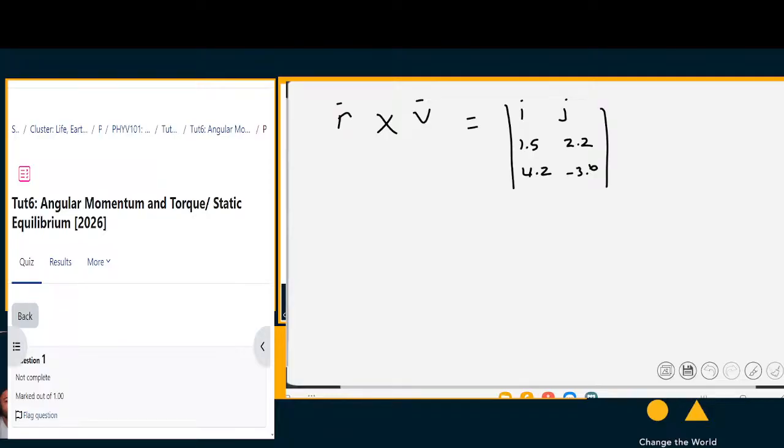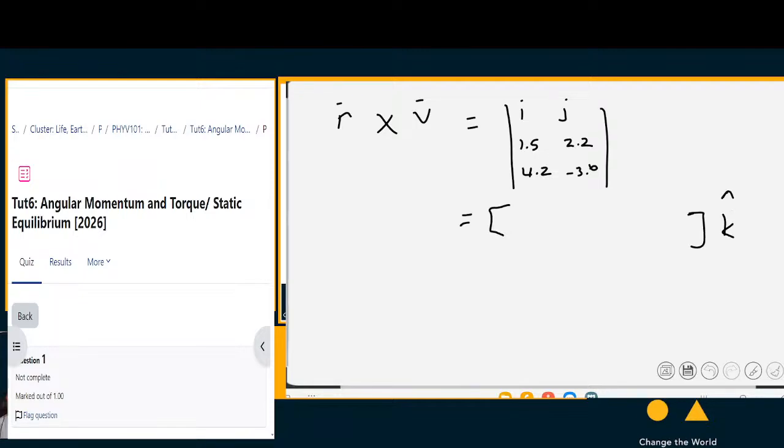So first we find that vector product. By the way, what I did not say is that this whole answer will be in the k-hat direction.